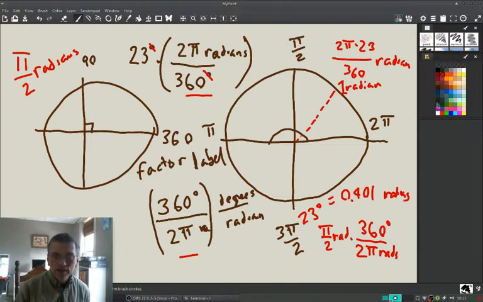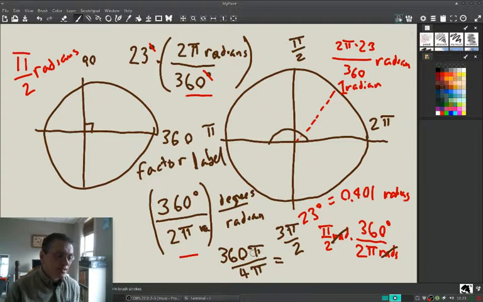This way the radians will cancel out, and we'll be left with degrees. I'll write it over here: 360 times pi over 2 times 2 pi, or 4 pi.